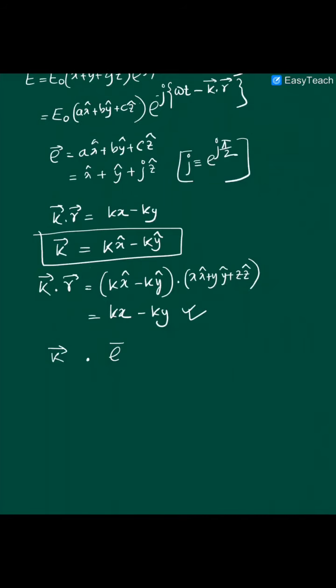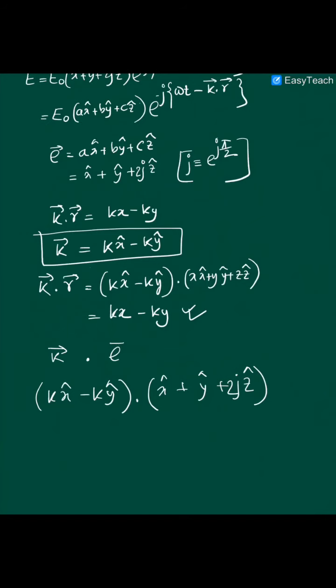Okay, so what is our k? k is basically k x cap minus k y cap. And we have E over here, so you can write k dot E, where E is x cap plus y cap plus j z cap, sorry, 2 is there, so here it will be 2.